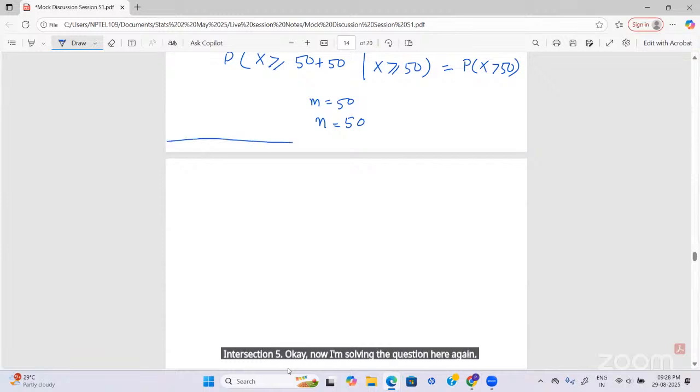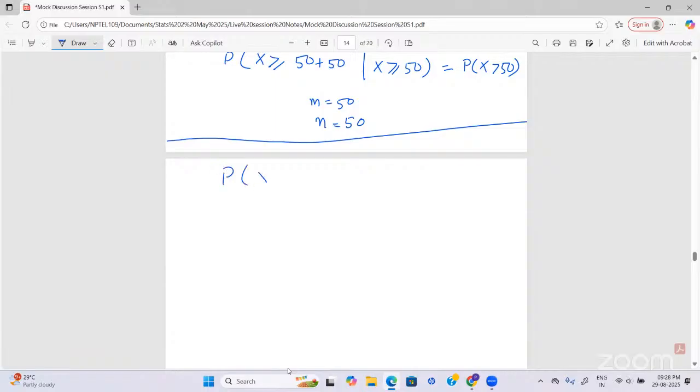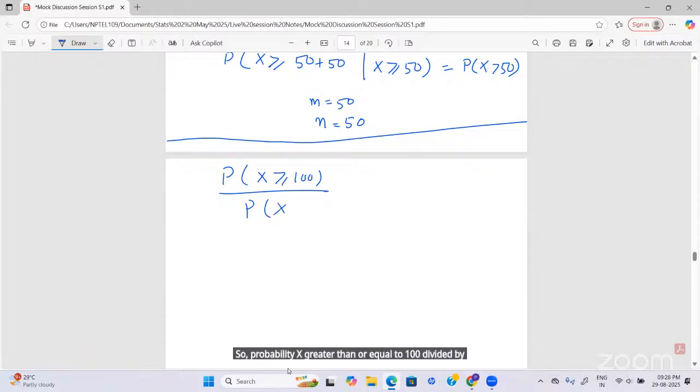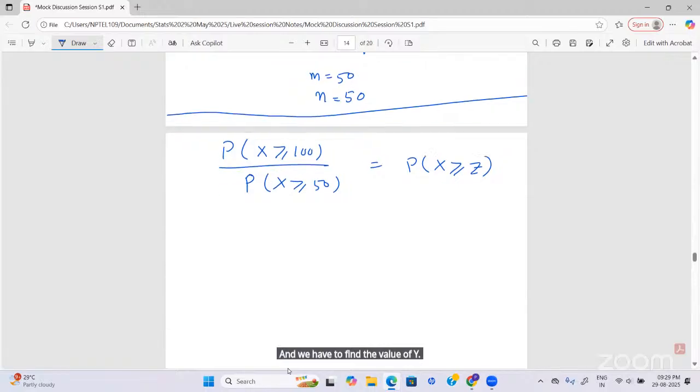Okay, now I'm solving the question here again. So probability X greater than or equal to 100 divided by probability X greater than or equal to 50, and here we have probability X greater than or equal to Z. We have to find the value of Z. Here X is following the exponential distribution.